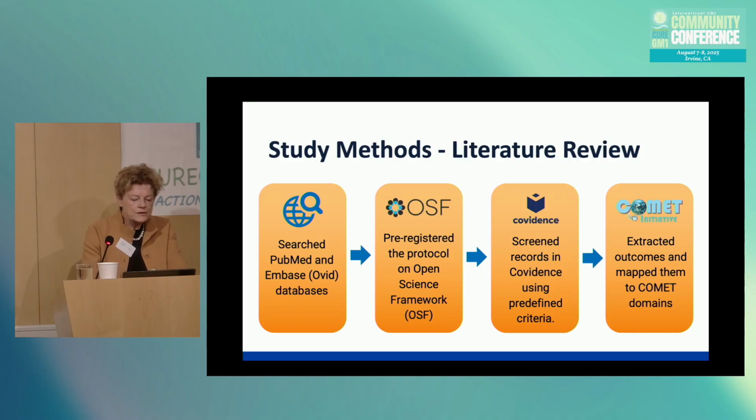You have to register your study in an open science framework, and then there is some software with which you can screen all your records and extract all your outcomes. And the whole thing is really backed up by COMET, which is an initiative that helps clinicians and researchers to create these core outcome sets. And it's not only for rare diseases, but it's also for more frequent diseases.